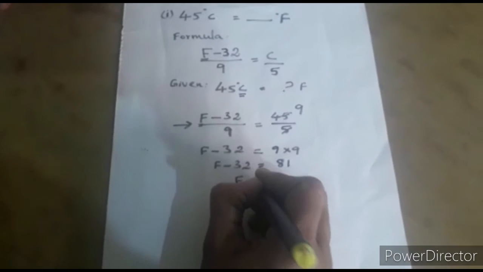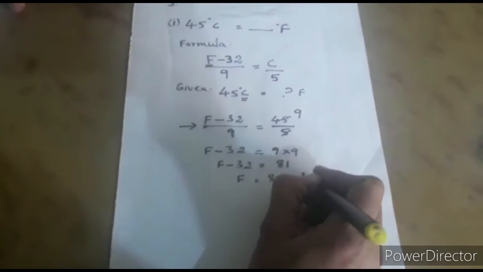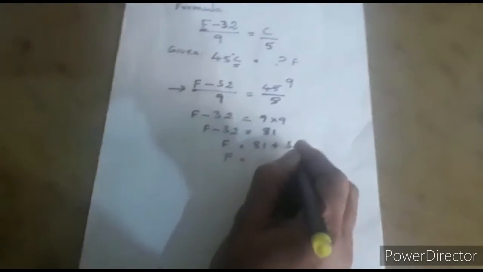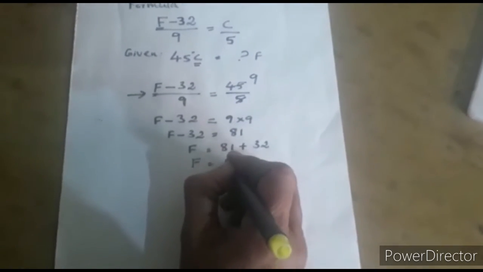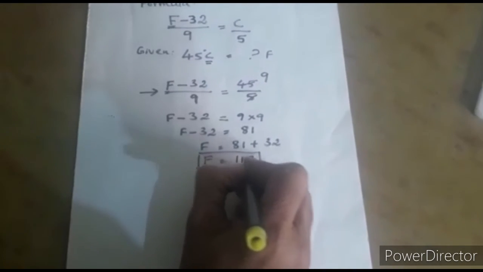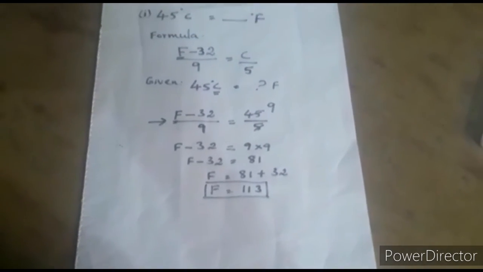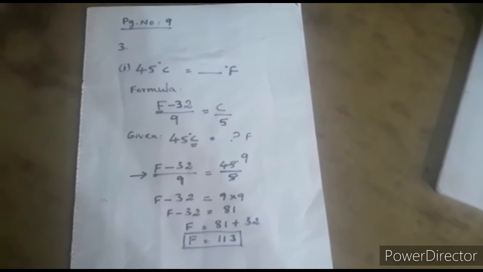So F is equal to 81 plus 32. That will be the answer. F is equal to 1 plus 2 is 3, 8 plus 3 is 113. So the answer is F is equal to 113. Is it clear, children? Like the same, you have to do the second sum.